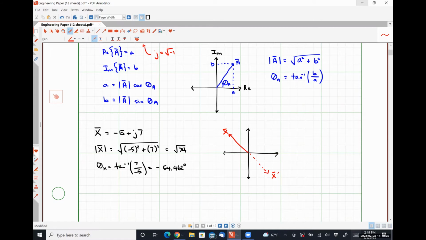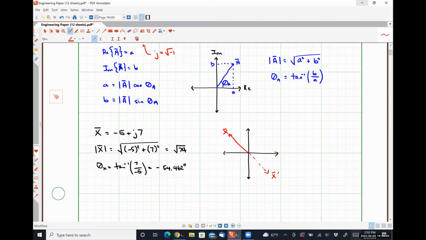Okay. The problem here in doing this hand calculation is that your calculator cannot tell the difference between inverse tangent of -7 over +5 and inverse tangent of +7 over -5. The inverse tangent operation will always give you an angle that lies in either quadrant 1 or quadrant 4.